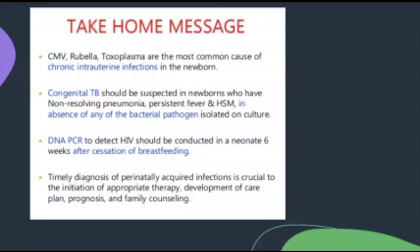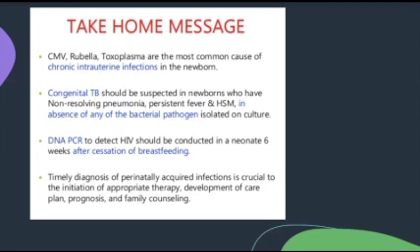So, cytomegalovirus, rubella, and toxoplasma are the most common causes of chronic intrauterine infections in newborns. Congenital tuberculosis should be suspected in newborns who have non-resolving pneumonia and persistent fever, in the absence of any bacterial pathogen isolated on culture.